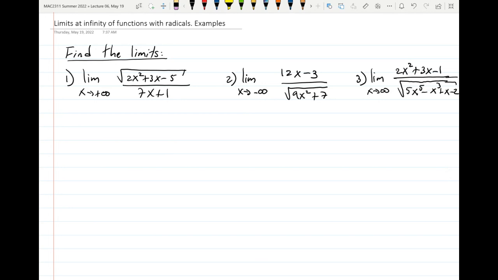Okay, so let's do these exercises. All right, so solution. Before I do the solution, let me actually point out a little remark, okay?